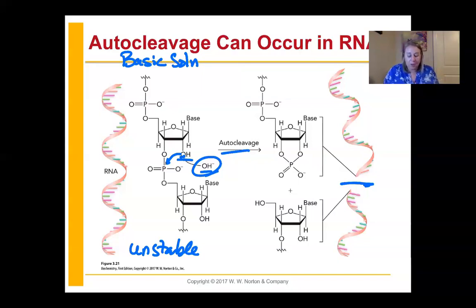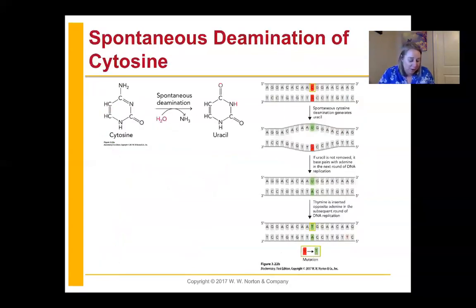You want a tight coupling between gene expression and protein synthesis. Otherwise, you're making proteins that you don't need or that could actually be harmful. So it's a good thing that RNA is unstable in that way, but it's not good if you wanted to use it as long-term storage for genetic material.